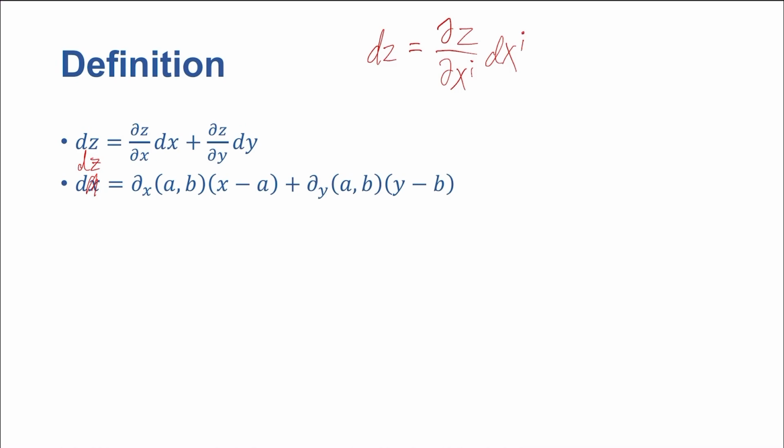We have a formula that's very similar to the first order Taylor series that we were discussing in the beginning of the video last time.